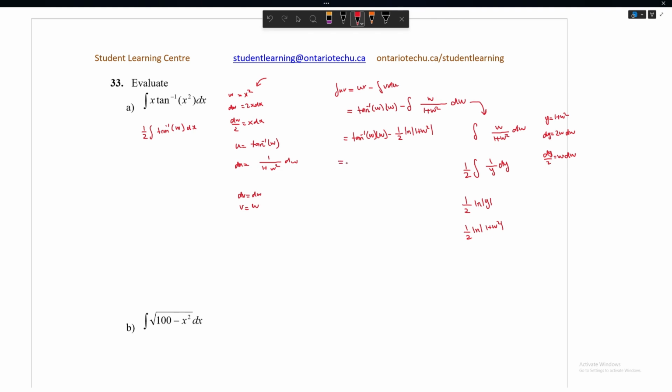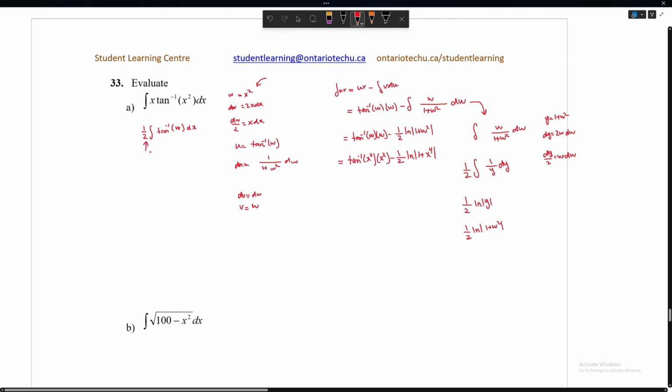Okay, now I've got to plug it in, and so I'll get tan inverse x squared minus 1 over 2 ln 1 plus x cubed, and this would be our integral. I did forget one little part here, which is I still have my 1 over 2.